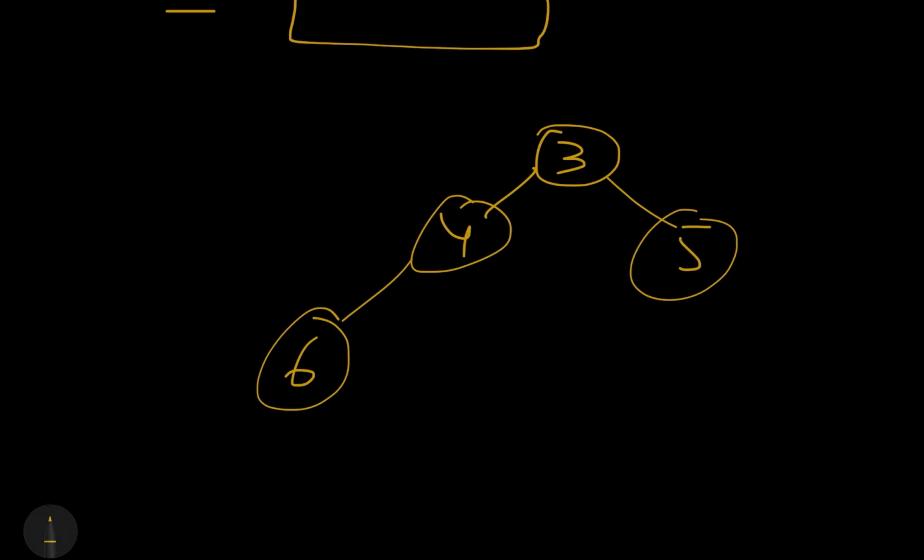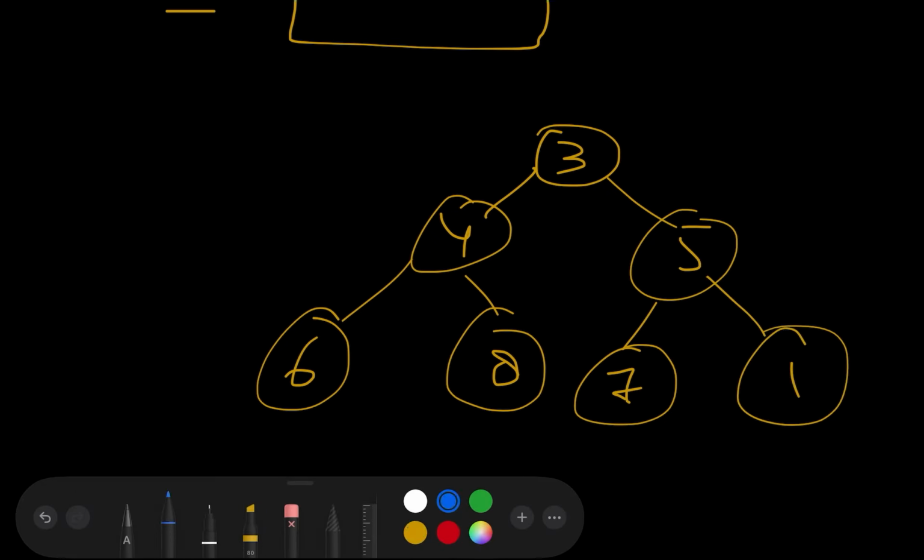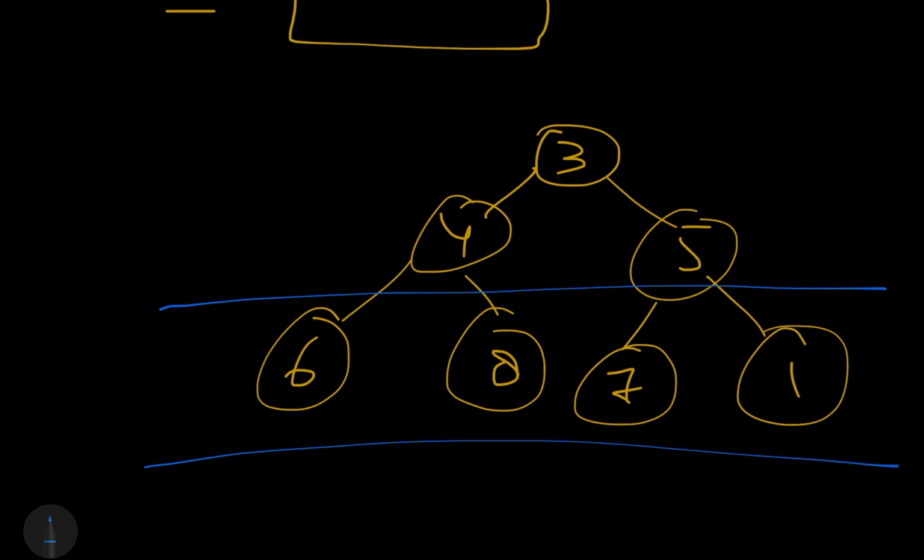Then suppose the example would be something like this. In this case, our last level would be this, which is level 3, this being level 2 and this being level 1.